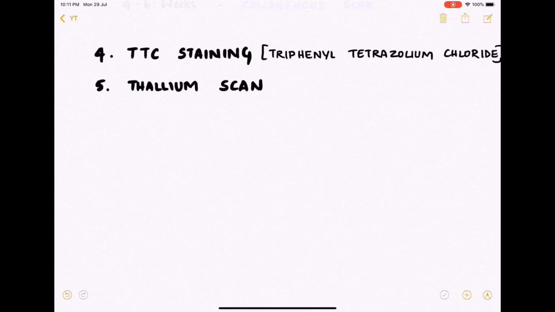And thallium scan. So thallium, like potassium, is present intracellularly normally, but when there is myocardial infarction, because there is myocardial cell injury, we see that thallium leaks out of the cell. So looking for thallium outside the myocardial cells gives us a hint about myocardial damage.